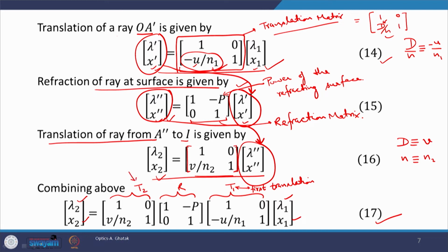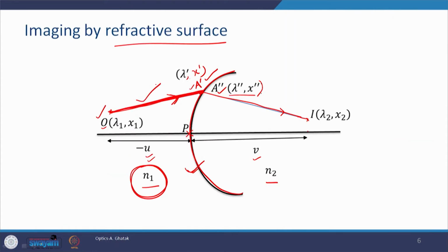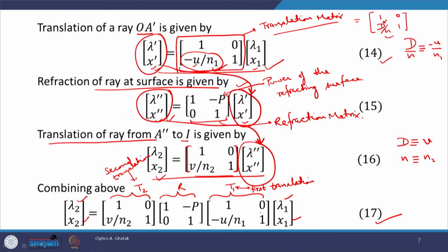This is for the second translation. What are the first and second translation? This is your first translation, then refraction here, and this is your second translation. The same things are represented here in the matrix form.